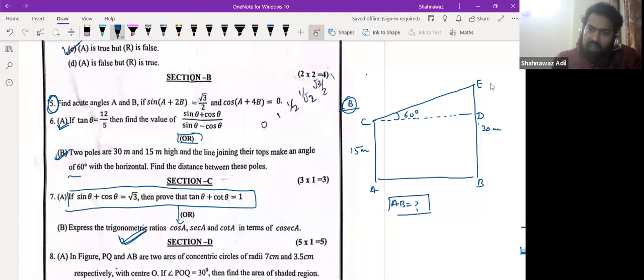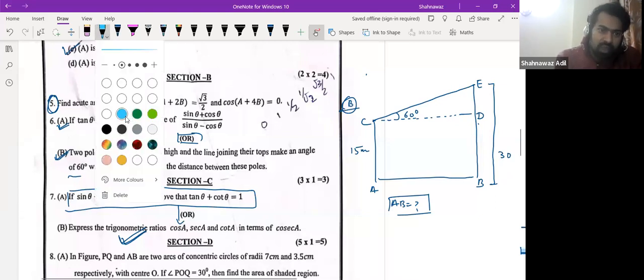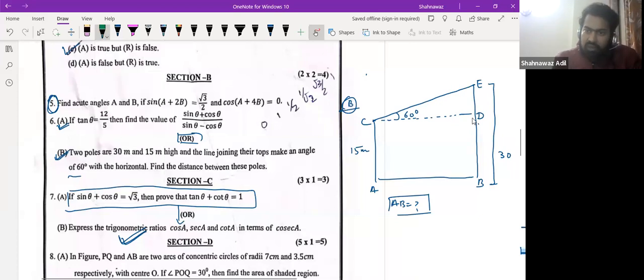This total is 30, right? So how much is DB?